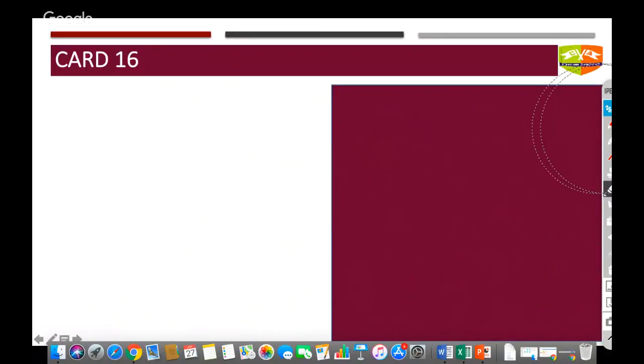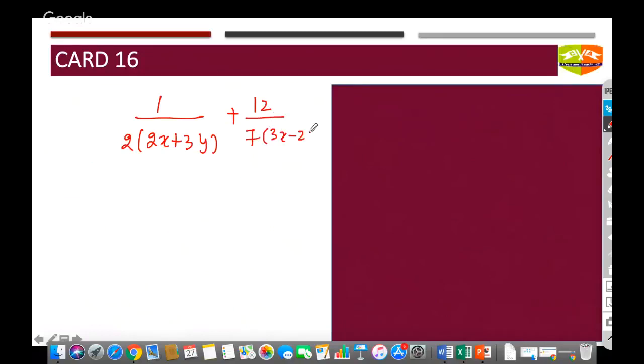So if I put x is equal to 2 and y is equal to 1, this is 1 by 2, 2x plus 3y plus 12 by 7, 3x minus 2y is equal to 1 by 2, and I got x is equal to 2 and y is equal to 1.